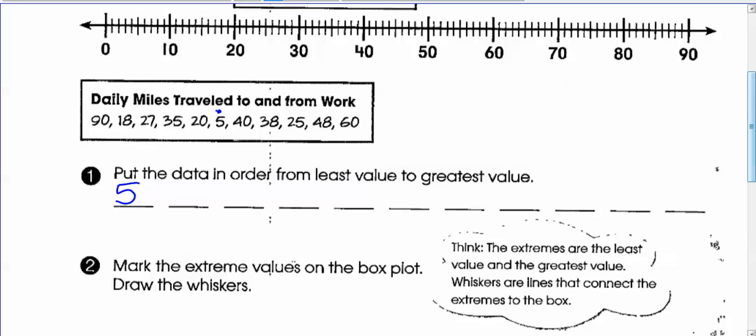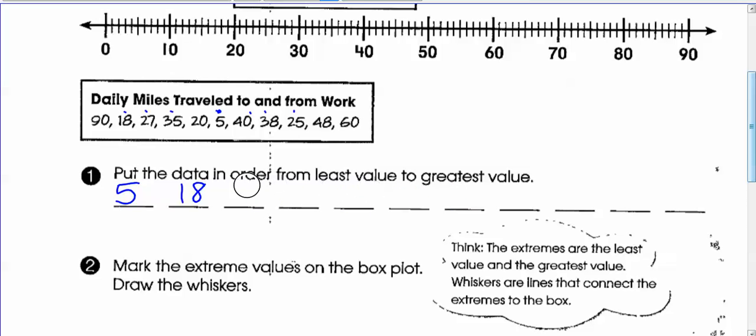Next, I'm looking it over, 18, then 25, 27, 35, 38, 40. Oh, I missed 20. Back it up, kids.